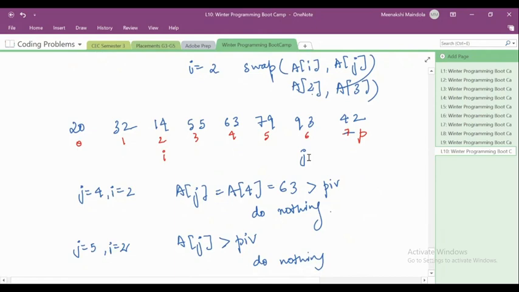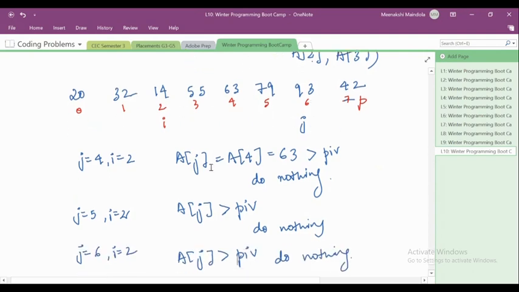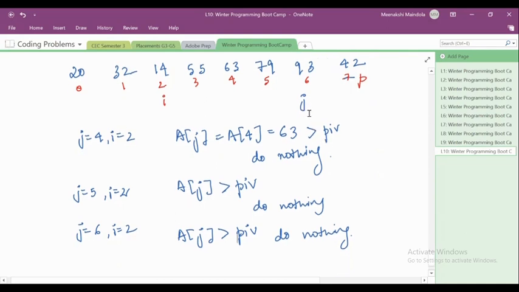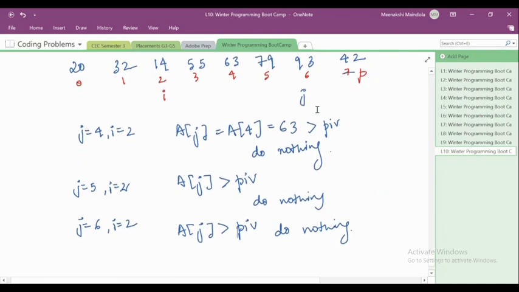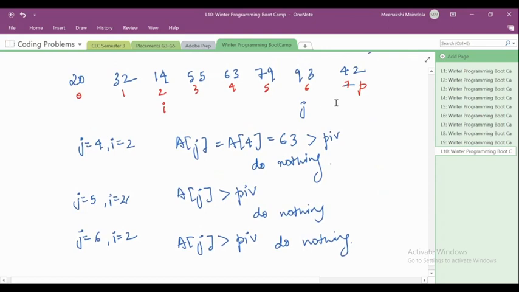So you started off with the 0th index and went on up till the 6th. When this j loop ends, that means it is now time to place the pivot at its correct position.